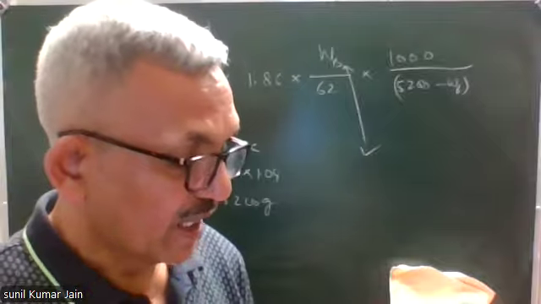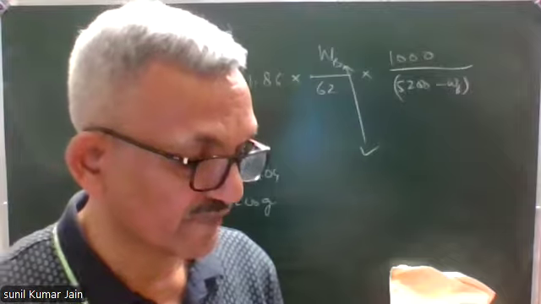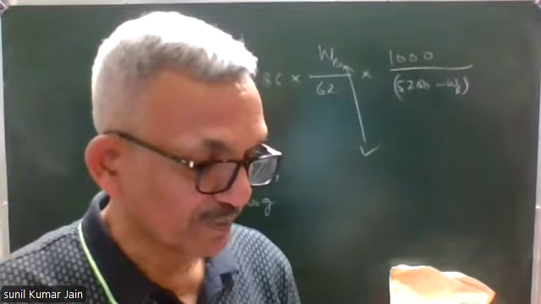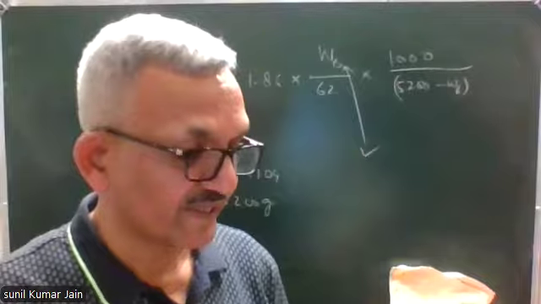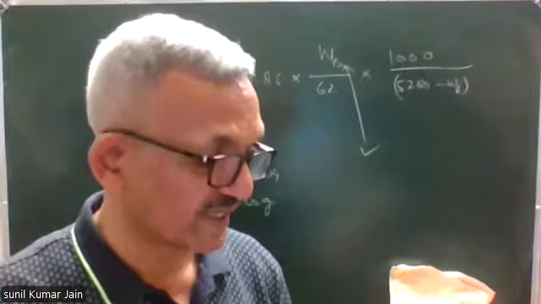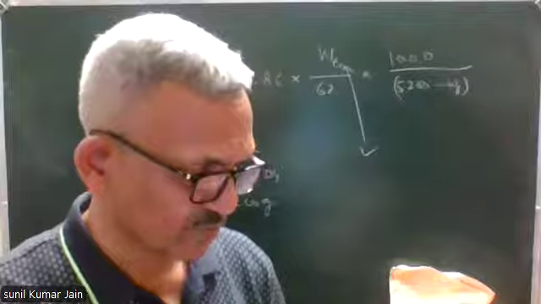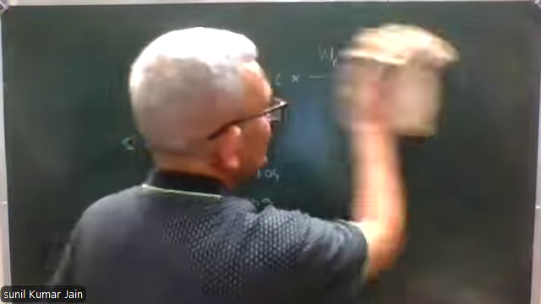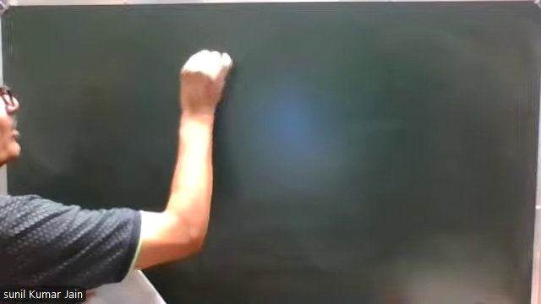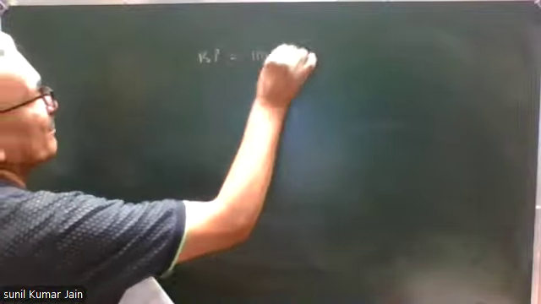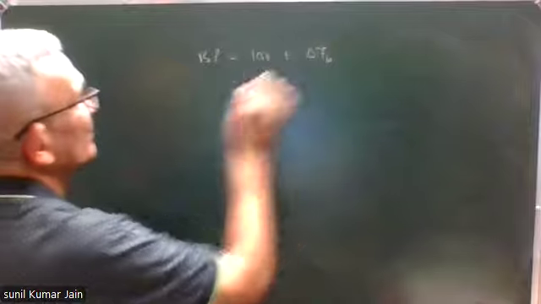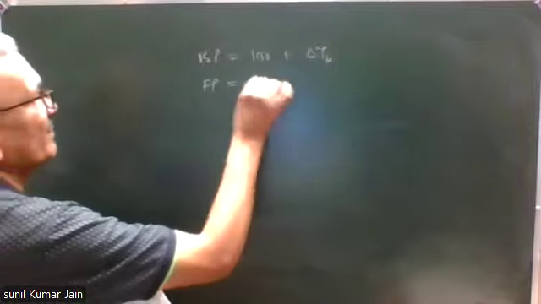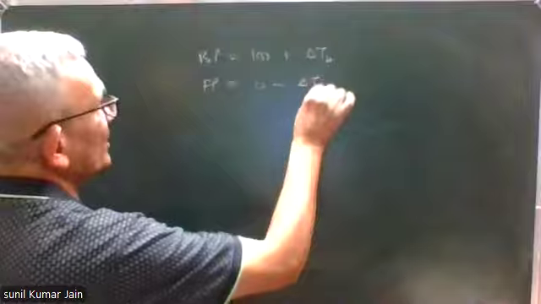Ninth, how many grams of urea should be dissolved in 168 grams of water to prepare a solution which will have a difference of 105.1 degrees centigrade between its boiling point and freezing point? Kf and Kb are given. See, boiling point will be 100 plus elevation. Freezing point will be 0 minus depression.